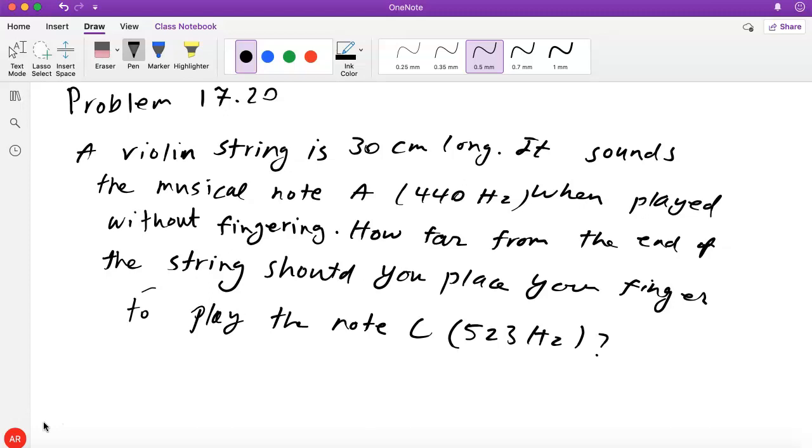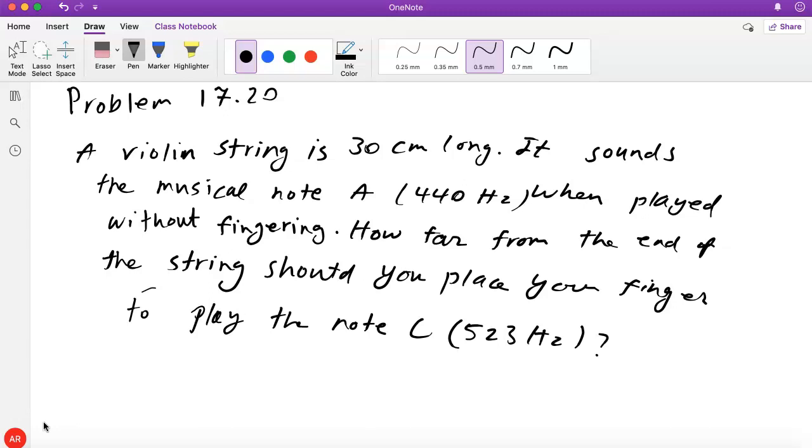And then for wind instruments, we can have both open and open closed boundary conditions. And again, the associated fundamental frequency is the dominant sound that they produce for a given, let's say, height of the column of air inside that tube.